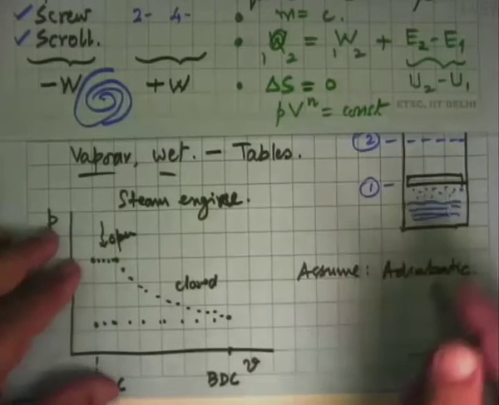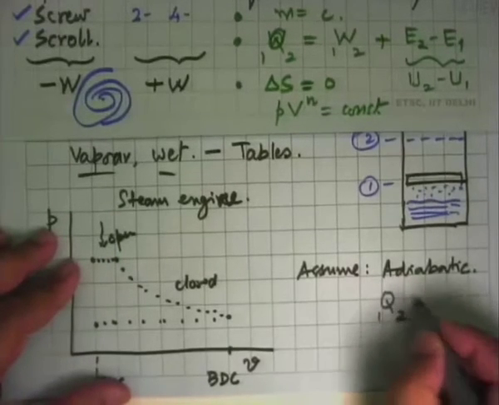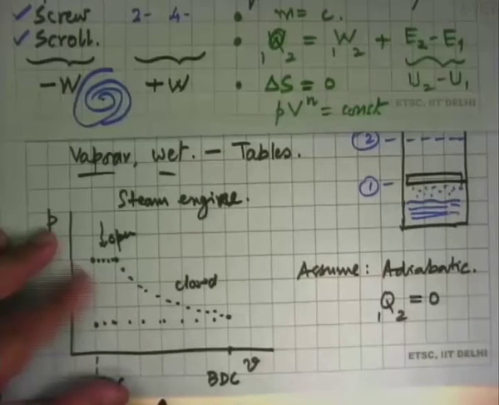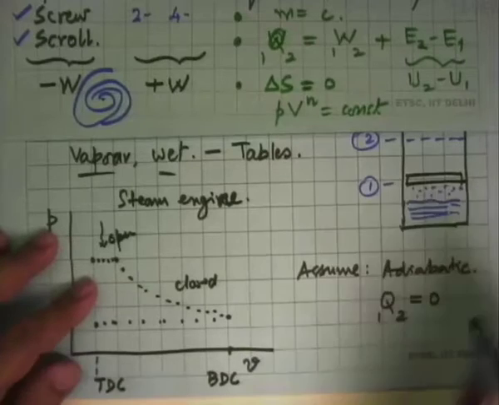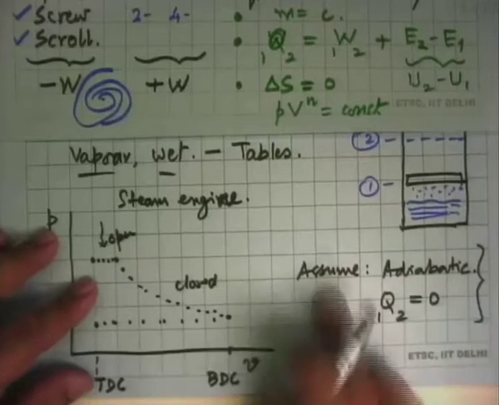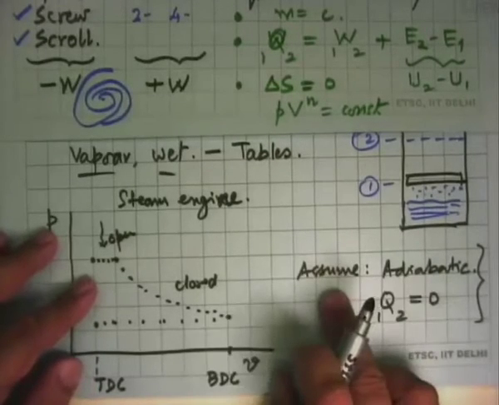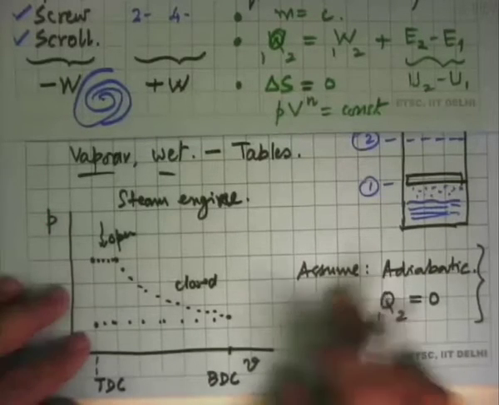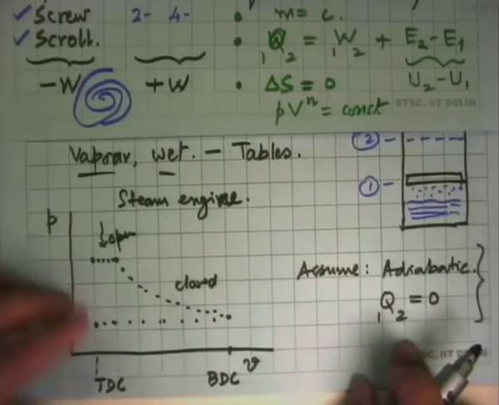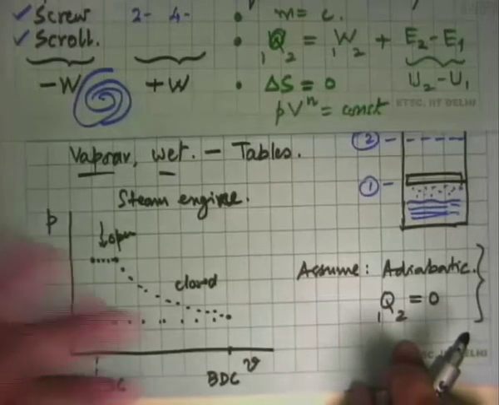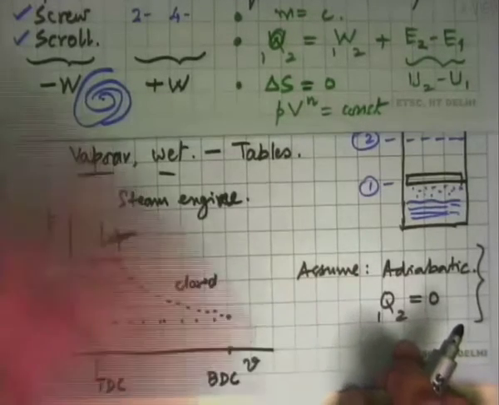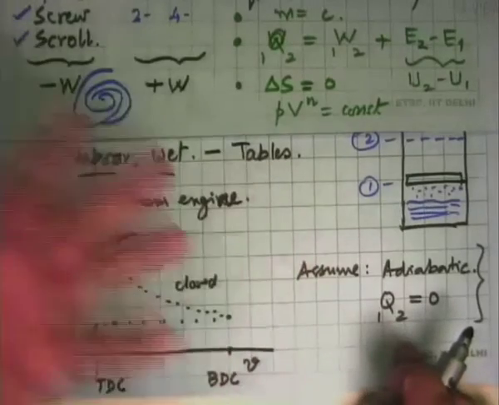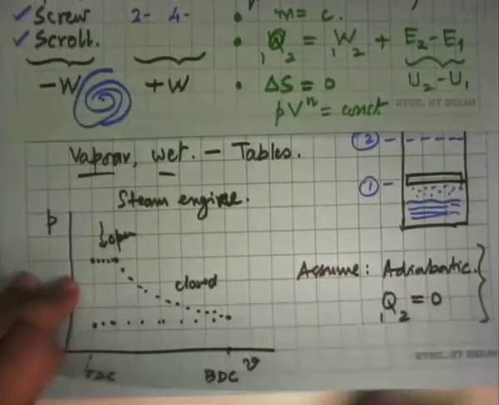Okay, so adiabatic means heat transfer is zero. So whenever we make an assumption, we should explicitly write it. I am going to assume that in this problem nothing is said, so I'll assume this is adiabatic, Q12 equal to 0, and then we go ahead. Because in the absence of anything else, there is no way we can calculate Q12. So we assume it to be 0 and proceed with the analysis.